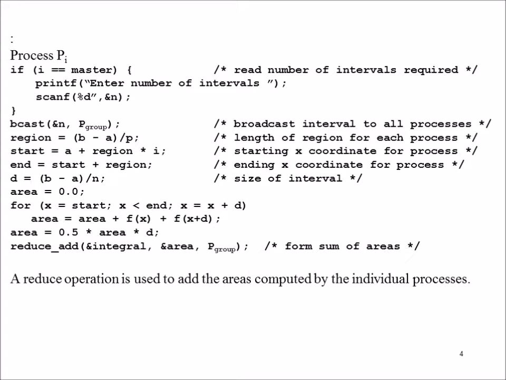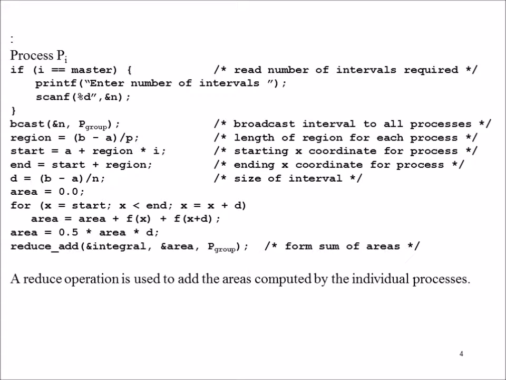Now, each process will figure out its region by using this formula, b minus a divided by p, for the length of the region. Then, the start of the region is a plus region times I, and the end of the region is the start plus the region. Now, the size of the interval is b minus a divided by n.